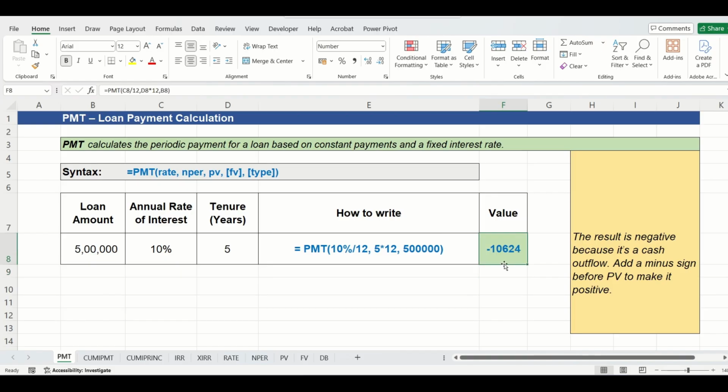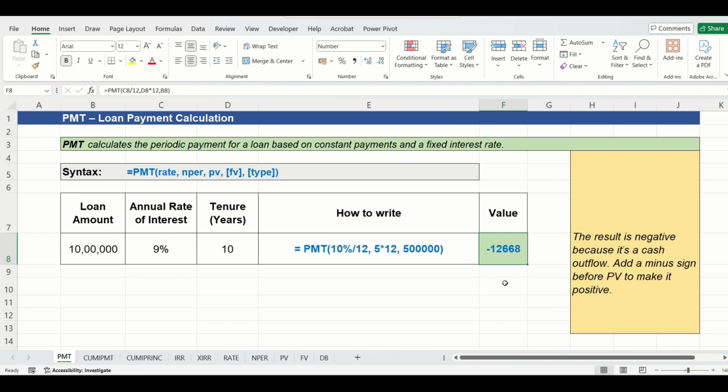You have got the value of minus 10,624. This is the value of EMI for this loan. You can change the principal amount to any value, say 10 lakhs, and the annual interest rate as 9%, and the tenure to 10 years. So this will be the revised value of the EMI.